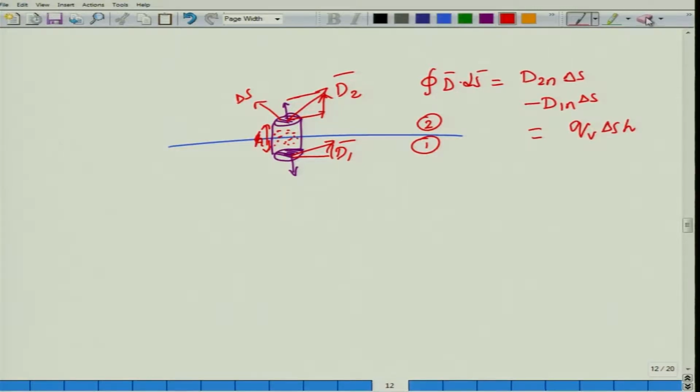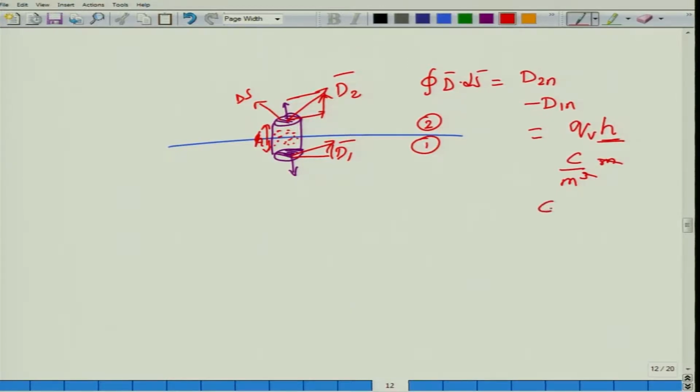If I divide all sides by delta s, and let h go to 0, delta s is gone on all these sides. This volume density is measured in coulombs per meter cube, and h is measured in meters.